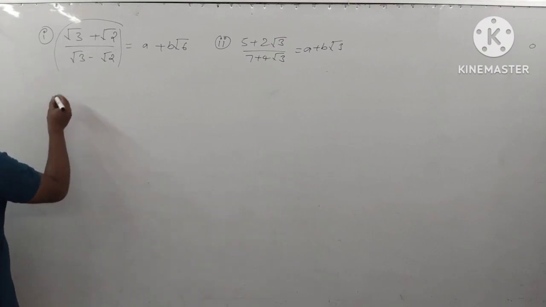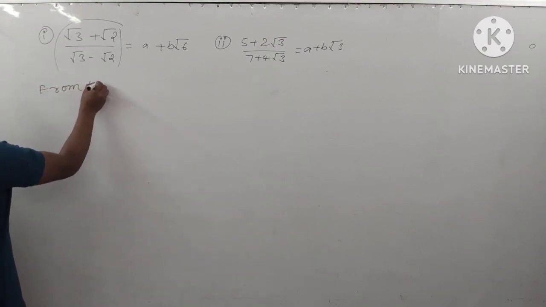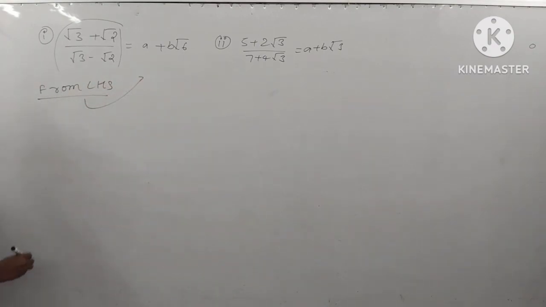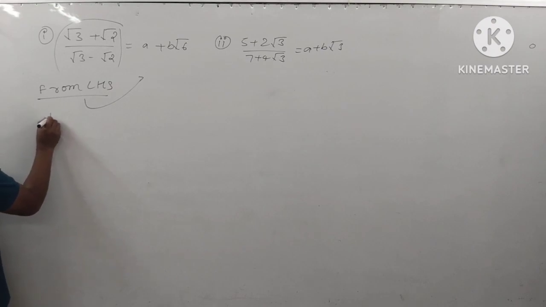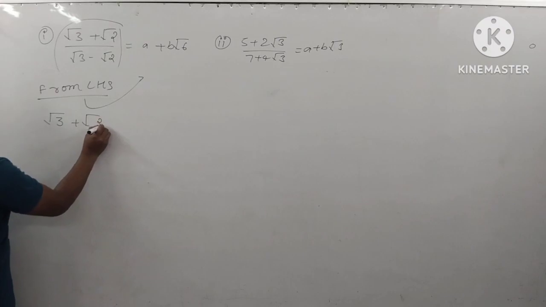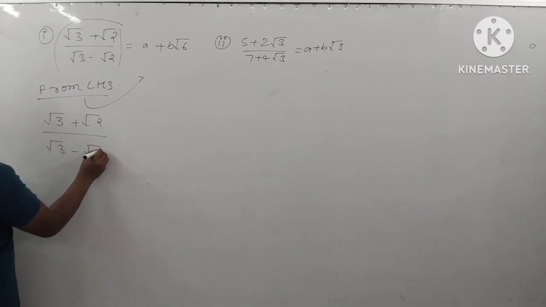First of all, you take the LHS and convert it into this form: root 3 plus root 2 divided by root 3 minus root 2.